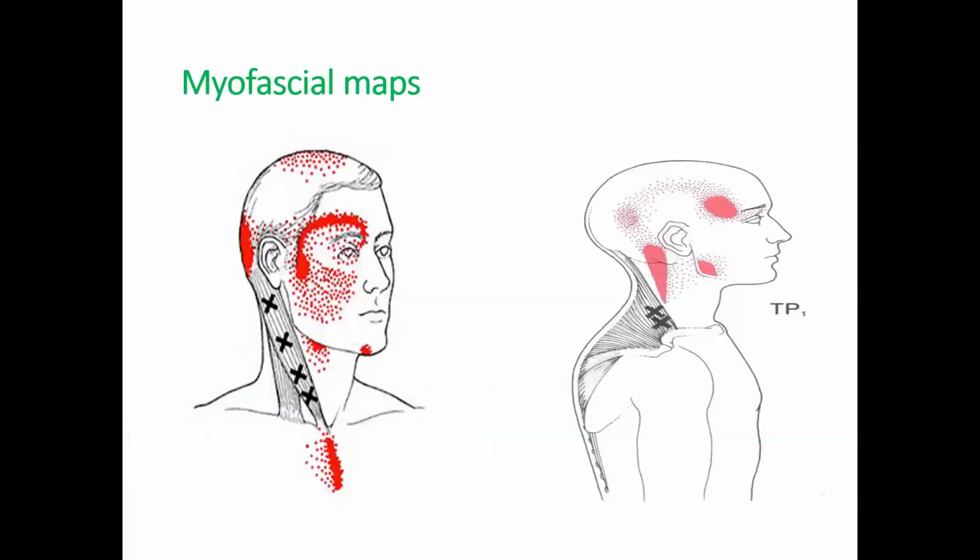This is just some of her myofascial maps here, like sternocleidomastoid, trapezius. Remember, a lot of these headaches that you see in your daily practice are just a bunch of myofascial trigger points.